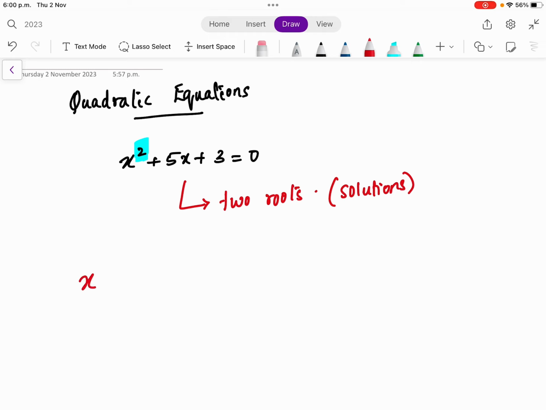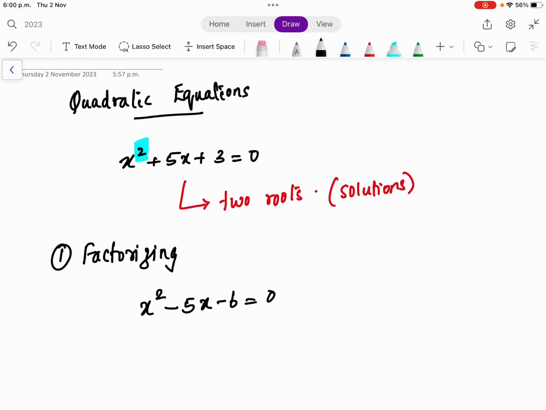For example, maybe the first one is factorizing. If you have a quadratic equation like x square minus 5x minus 6 is equal to 0, you can factorize this as x minus 6 and x plus 1, which is equal to 0.